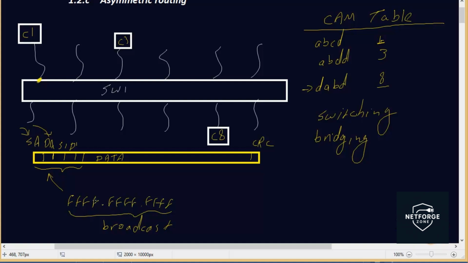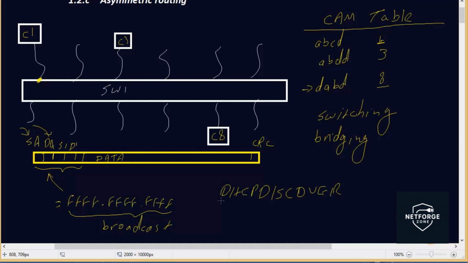Some of these devices issue broadcast frames. For example, when they are trying to find the DHCP server, they send a message called DHCP discover, and DHCP discover has a destination of, I don't know what, or I don't know where.